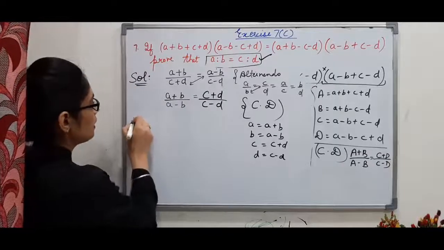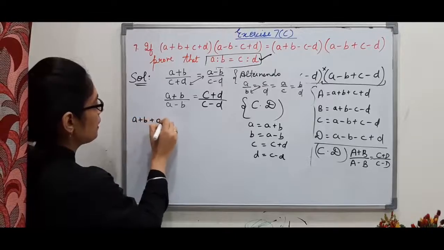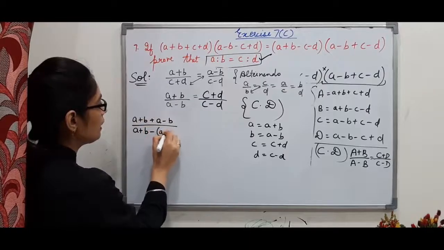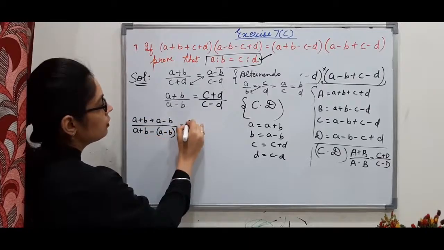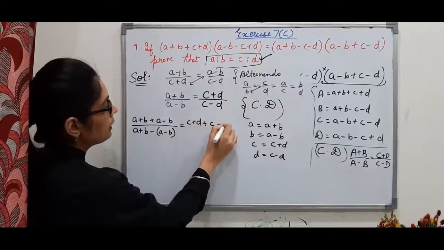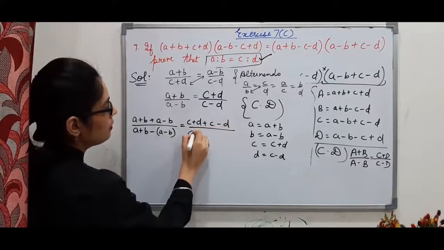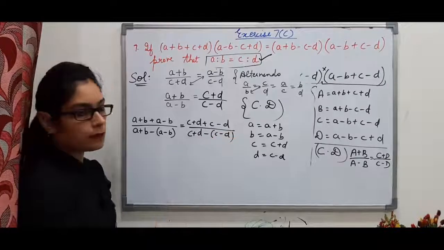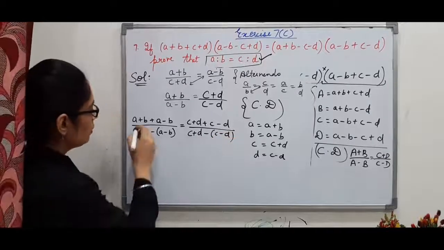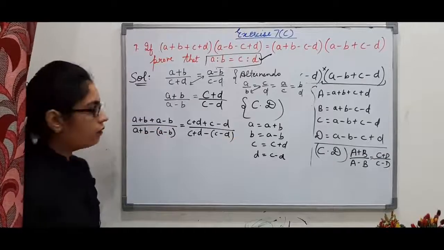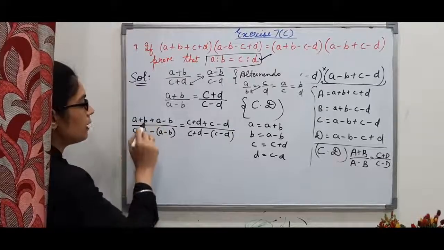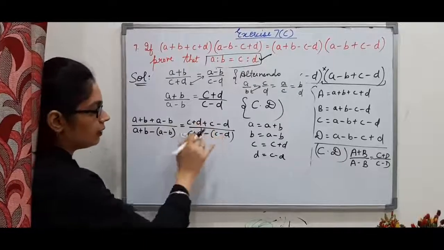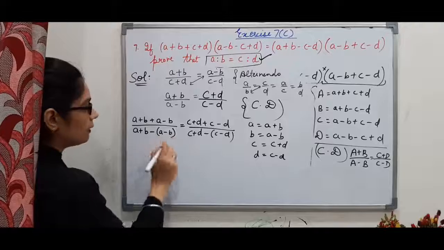So it is a plus b plus a minus b upon a plus b minus a minus b. c plus d plus c minus d upon c plus d minus c minus d. Minus terms inside the bracket we have to write. Now like terms we can solve. A and a, these two are like, b and b, these two are like. Same way here also and here also. First we will open the bracket, then we will solve.